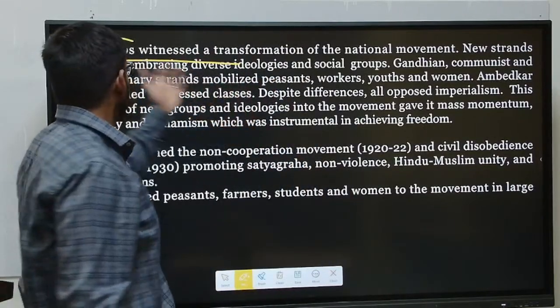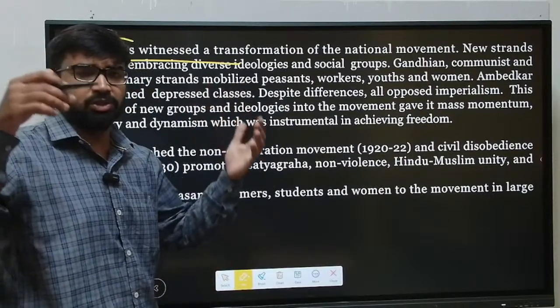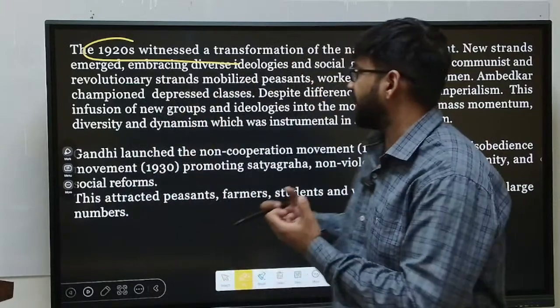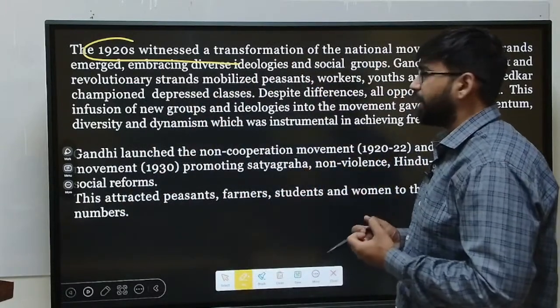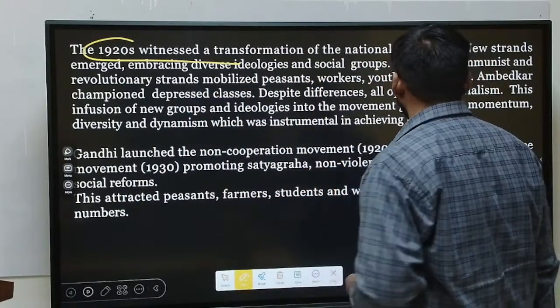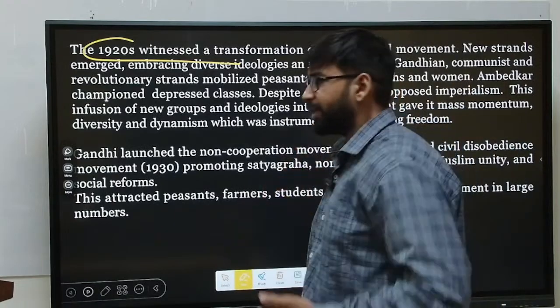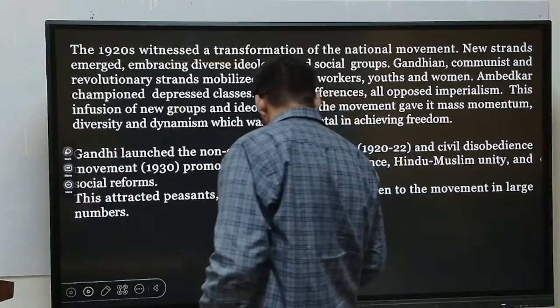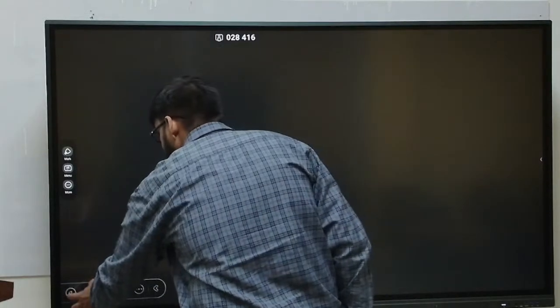New ideologies have emerged, new groups have emerged, new social base came to the forefront. So these things gave impetus to mass movement.